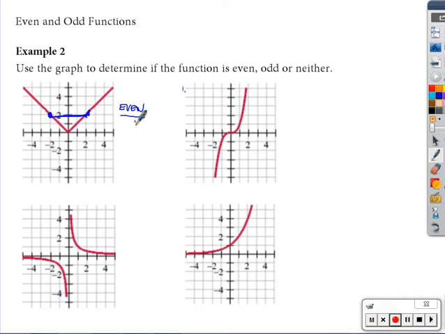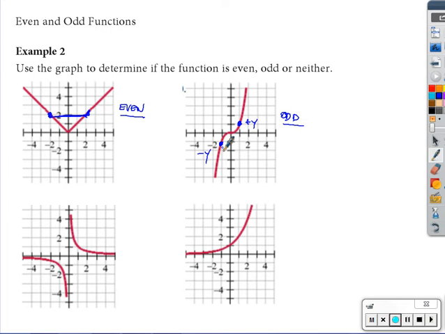Here, if I look at my y value for 1 and my y value for negative 1, you'll see that I get the same y value, it's just one's positive and one's negative. Therefore, this is an example of an odd function. Same x value, 1 and negative 1, but here I get a positive 1 for my y. Here I get a negative 1 for my y.